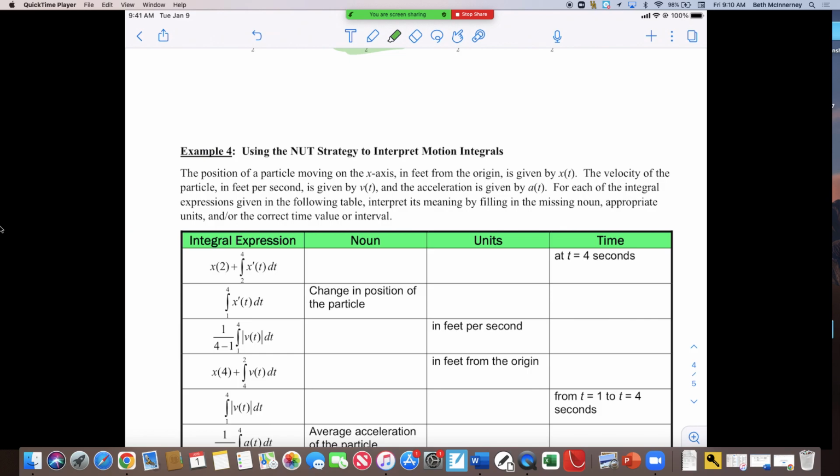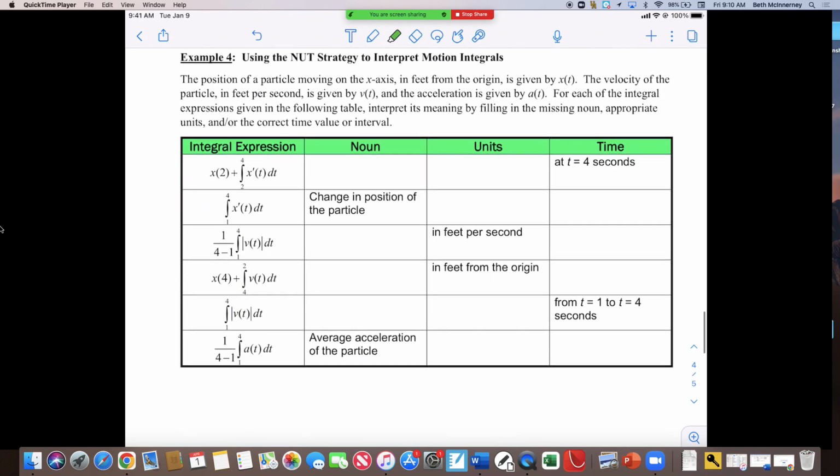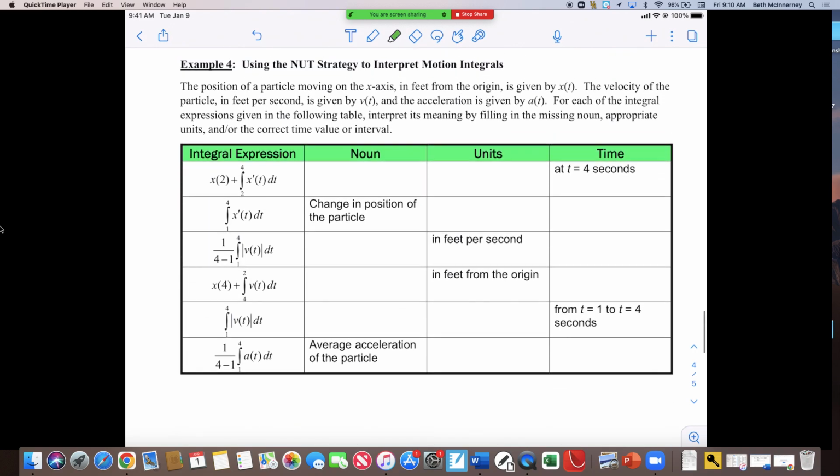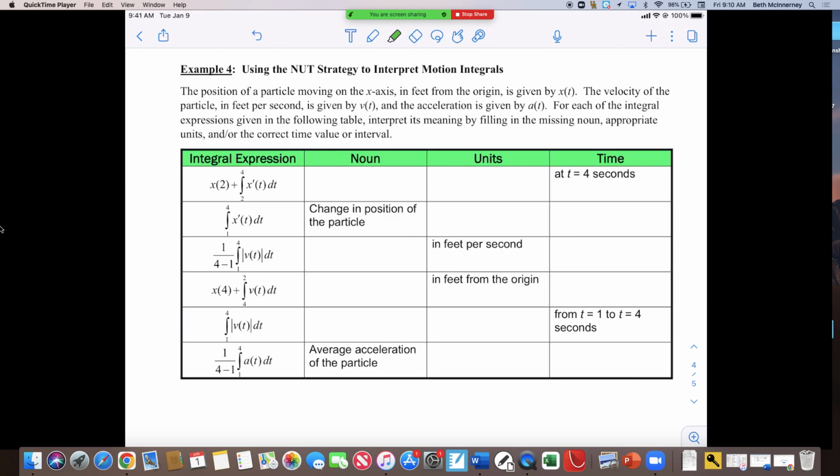For each of the integral expressions given in the following table, interpret its meaning by filling in the missing noun, appropriate units, and or the correct time value or interval. So let me give you about 3 minutes, and I want you to fill in as many of these as you can. Well, let me do the first row, just to give you what I mean by this.